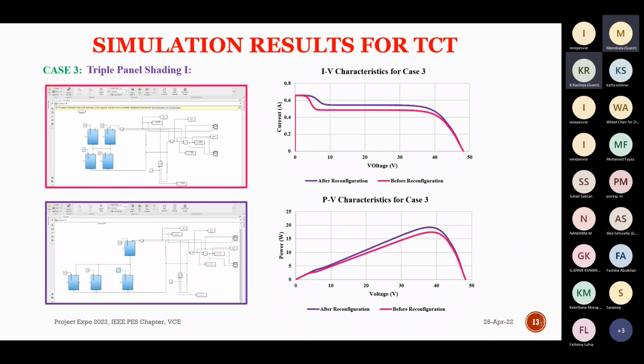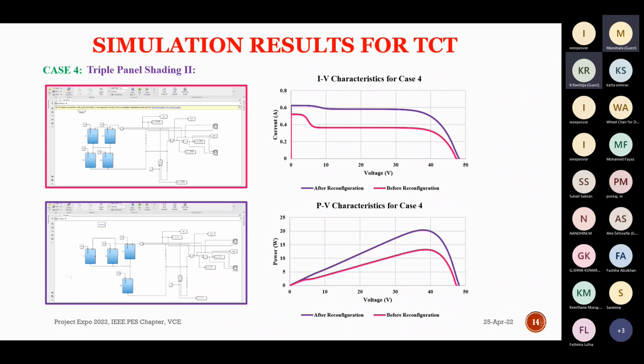In triple panel shading, the power is reduced to 60. After the reconfiguration, the power is enhanced to 19. Triple panel shading 2 is similar to case 3. The power is reduced to 30, and enhanced up to 20 watts.